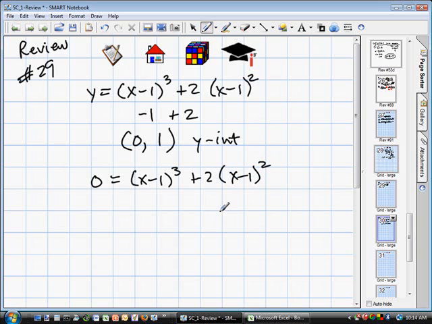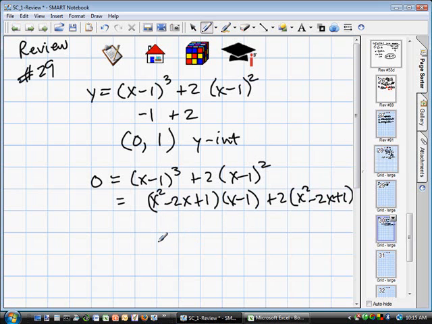I don't see any way out of this except to probably expand these and try to get them together and see what we can do to factor. First of all, x minus 1 squared is x squared minus 2x plus 1. And I got to multiply that by x minus 1 again, plus 2 times the quantity x squared minus 2x plus 1.